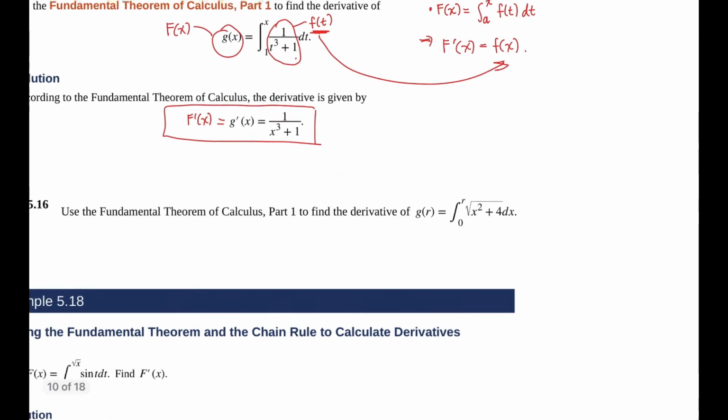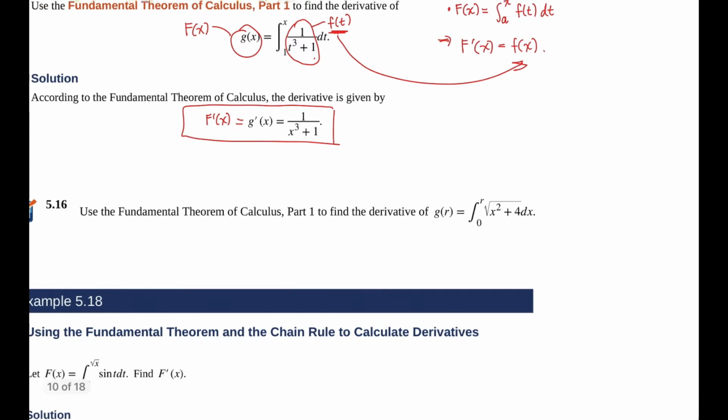The same thing with g of r. So g is a function of r. This is our big F, but we're not using x, we're using r, and the square root of x squared plus 4. In this case, our x corresponds to t in the original formula.